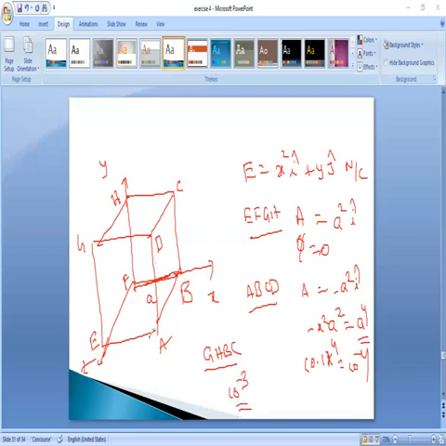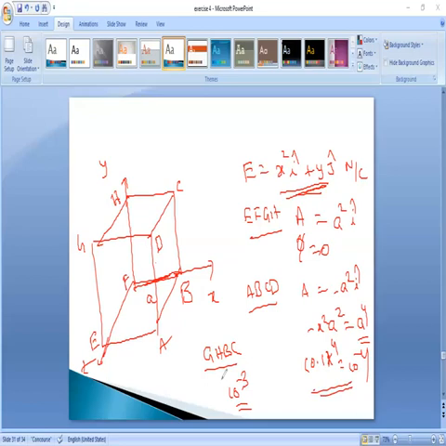About the surfaces along the z-axis, in the electric field intensity there is no z component, so even though the surfaces are taken along the z-axis, in the dot product they become 0. That means the flux is present only in two cases: one is ABCD and the other is GHBC.